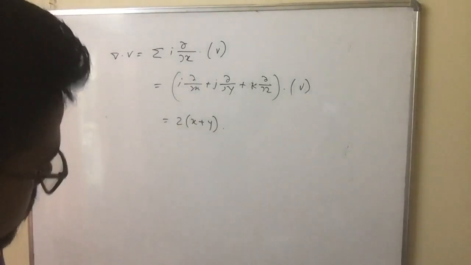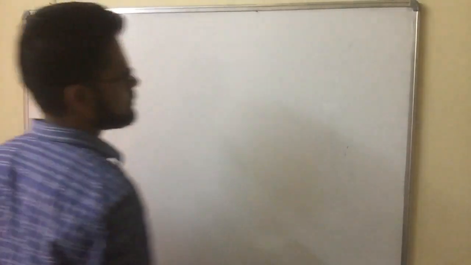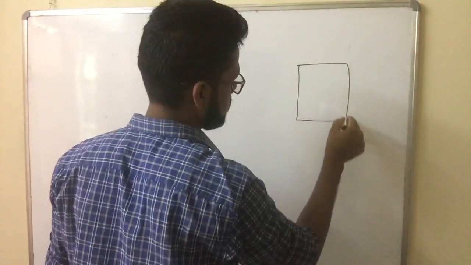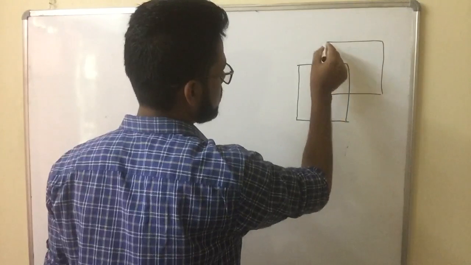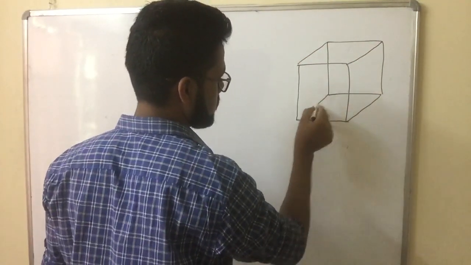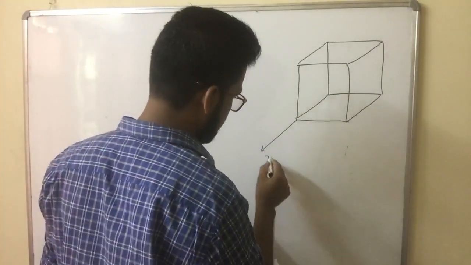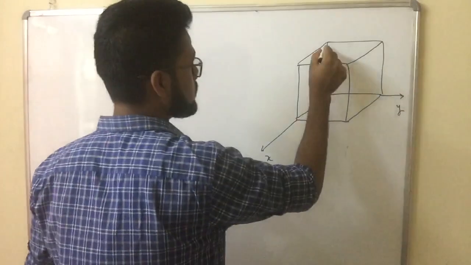So now what is the total integral? This is a cube, a unit cube. How many surface areas? This is the y axis, this is the x axis, this is the z axis.